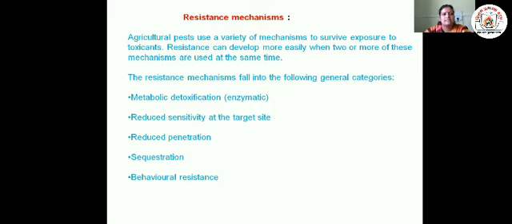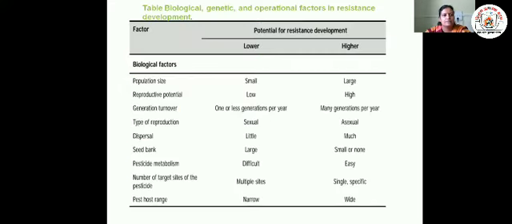Resistance can develop more easily when two or more of these mechanisms are used at the same time. The resistance mechanisms fall into the following general categories: metabolic detoxification, reduced sensitivity at target site, reduced penetration, sequestration, and behavior resistance.